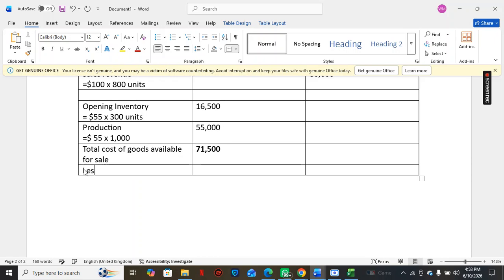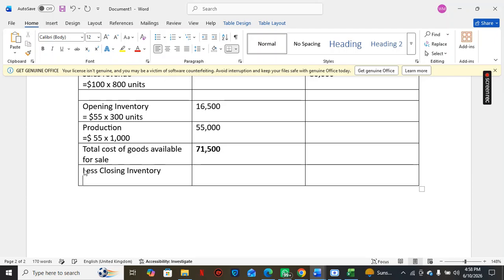So we say less closing inventory. $55 multiplied by 500 units, sorry, our closing inventory was 500 units. $55 times 500 units is 27,500.